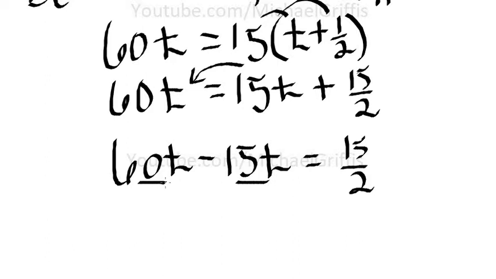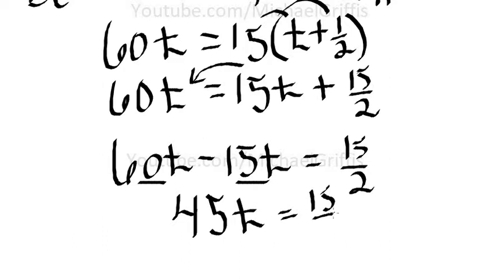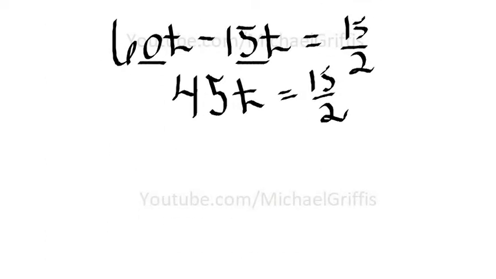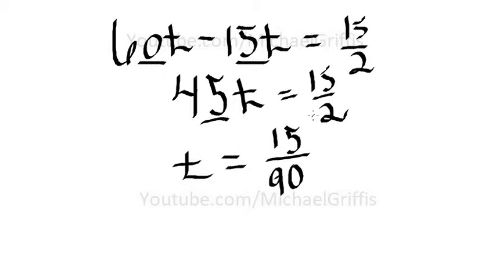These are like terms, so 60 minus 15 gives us 45t, and that's equal to 15 over 2. Now we multiply both sides by the reciprocal of 45, so that leaves us with t equal to 15 over 90. You're just taking this 45 and multiplying it by 2, bringing it diagonally down. So 45 times 2 is 90.